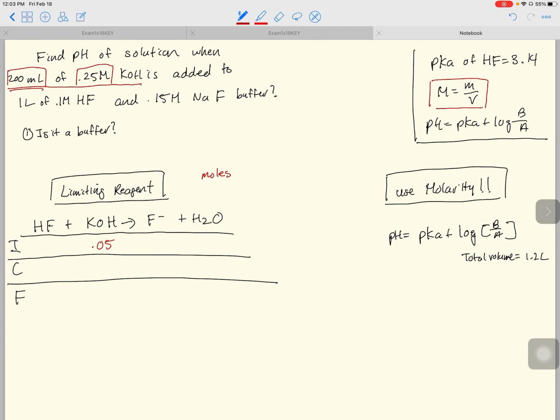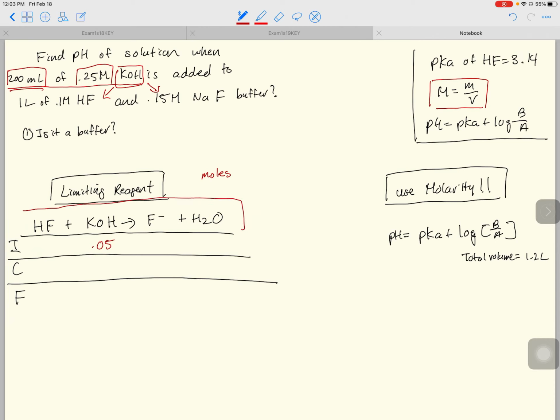And then how many moles of HF do I have? Now, I actually missed a step. Let's take it slow, right? We're adding KOH. Does it want to react with acid or base? The base wants to react with acid, right? And so before you do a limiting reagent problem, I would highly recommend writing down the whole equation like this, okay?